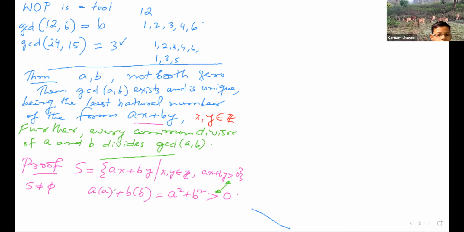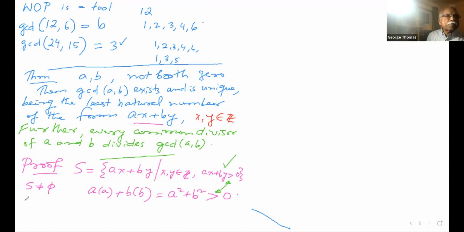Because X and Y are integers and A and B are also integers, so we can write it like this. This number is here because this number is bigger than 0, like they want. Not all of these will be in there, only those that are bigger than 0.